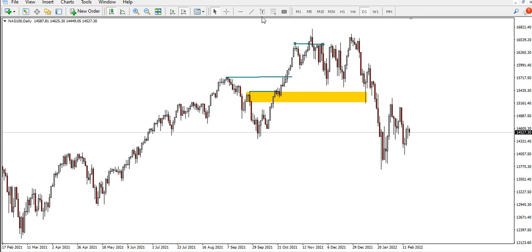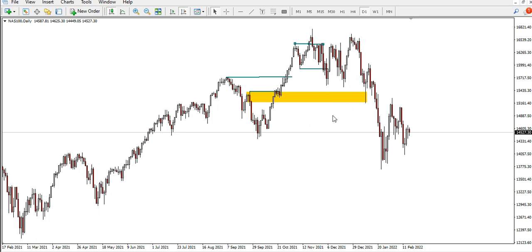So we have to put another line here that shows that price will come and break here.